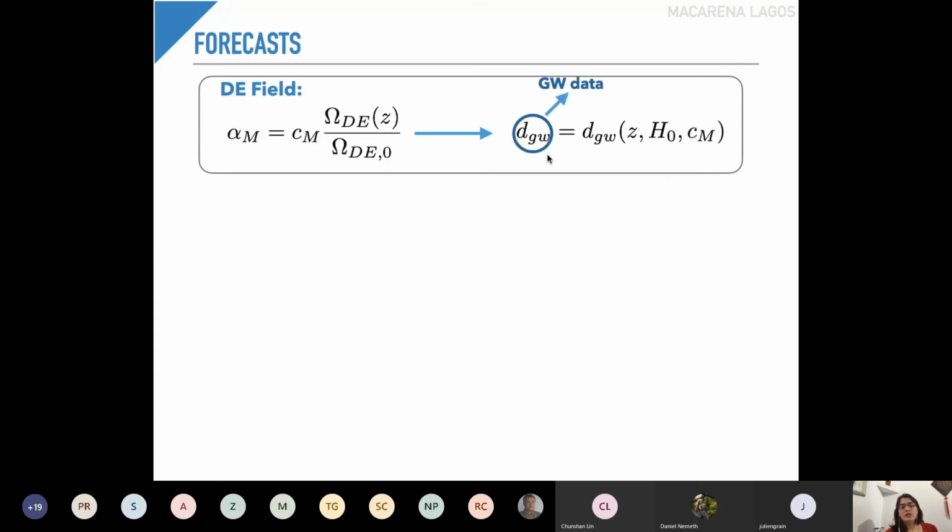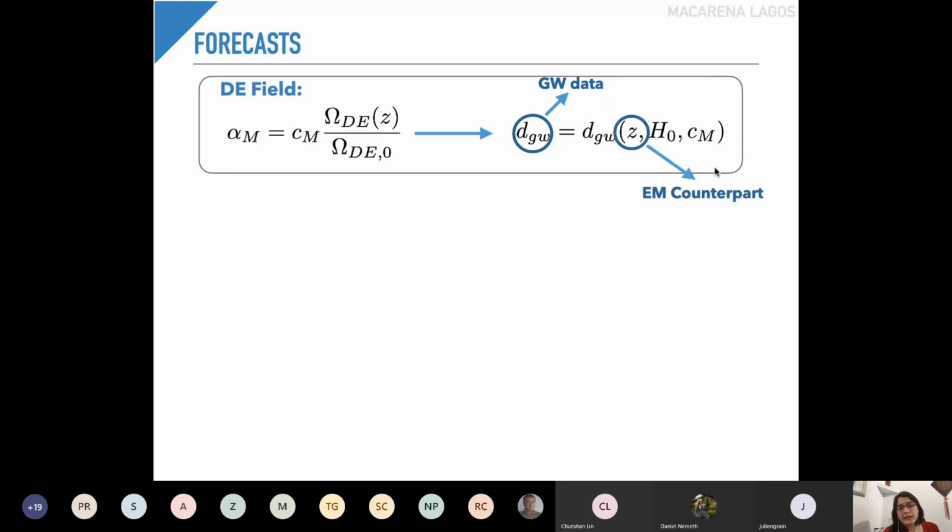Now, as I said, just from the gravitational wave data alone, you get constraints on the distance. And on the right-hand side, if you are absolutely agnostic about your cosmology, in principle, you don't know anything. You don't know the redshift, you don't know H0 if you don't want to use other cosmological probes, you don't know Cm.